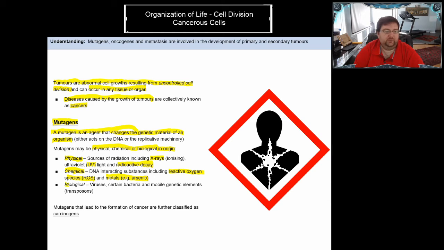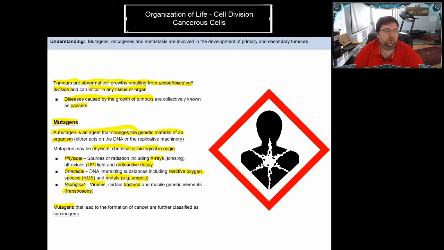The last source is biological. There are some viruses, some bacteria, and some transposons that can actually change your DNA. Anything that changes your DNA is called a mutagen. Not all mutagens cause cancer.